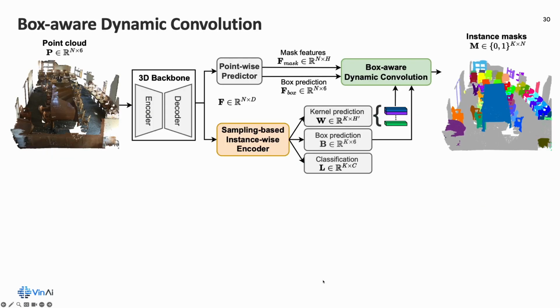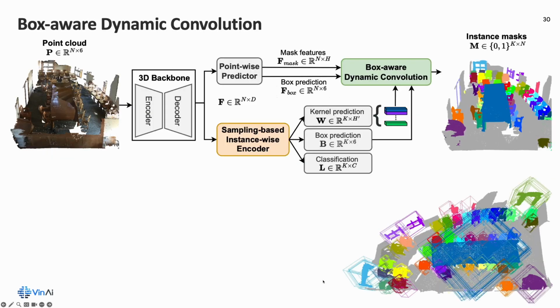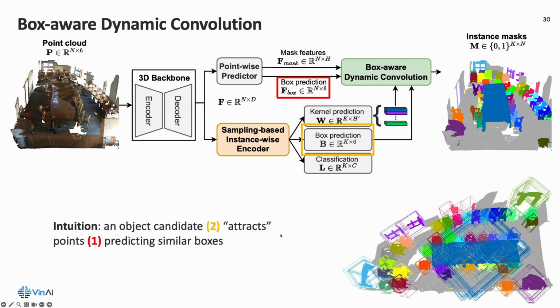To enhance our box-aware dynamic convolution, we introduce a bounding box head that predicts axis-aligned boxes for both individual points, represented by the red block, and candidate objects, represented by the orange block. The underlying idea is that object candidates have the ability to influence points that predict similar boxes.